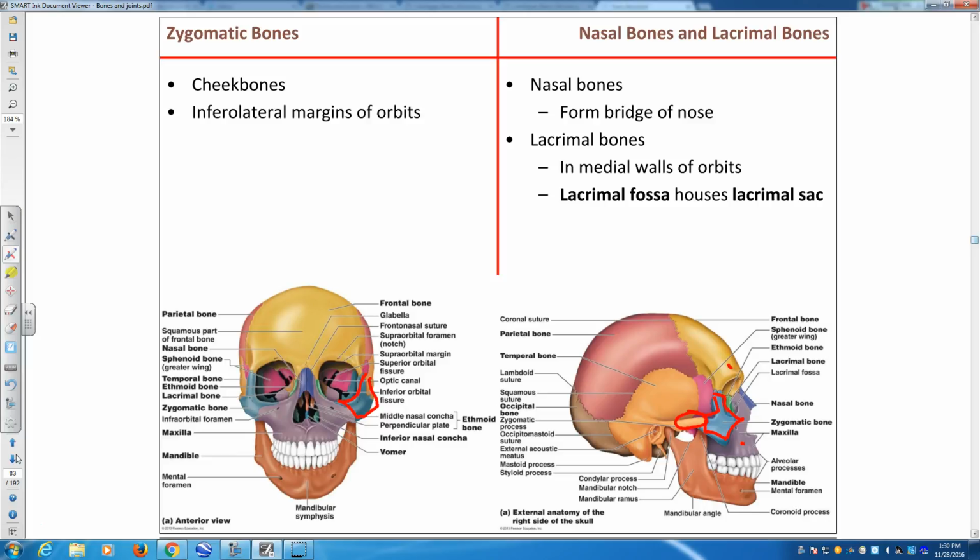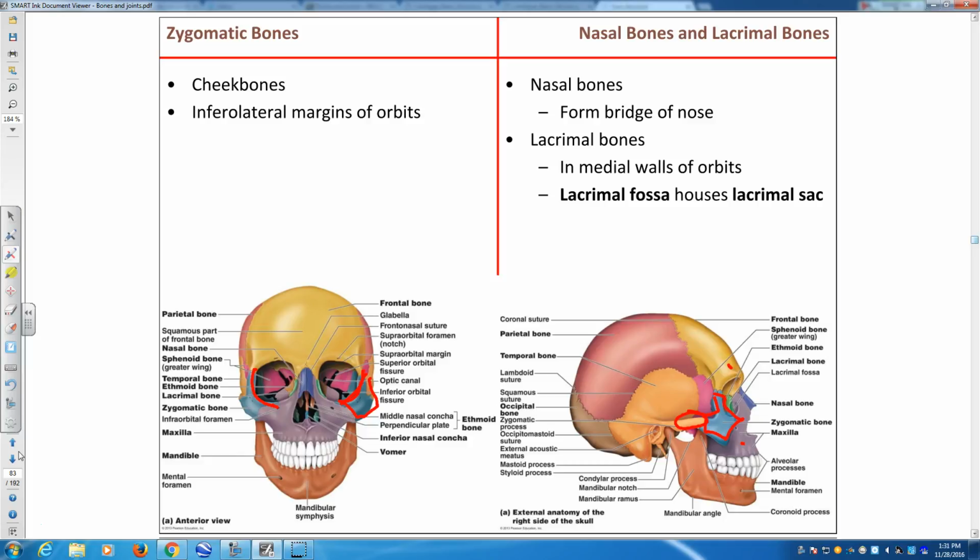I don't have the zygomatic bone per se here. It forms an inferior and lateral part of the orbit. You can see that. And this is what determines how prominent the cheeks are of a person.